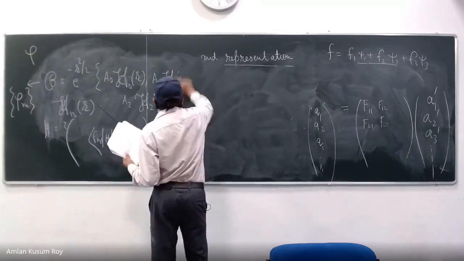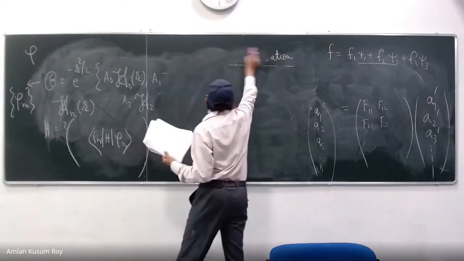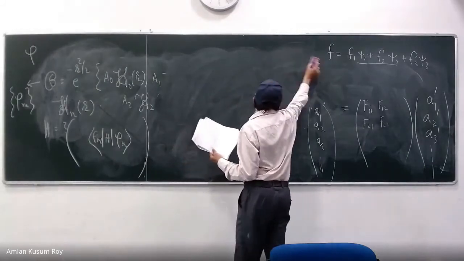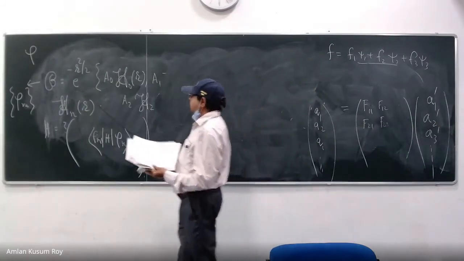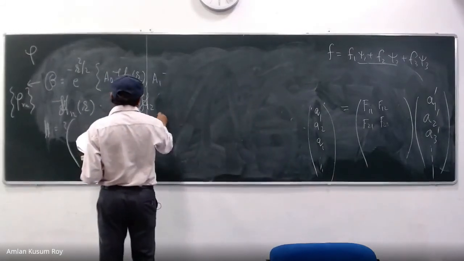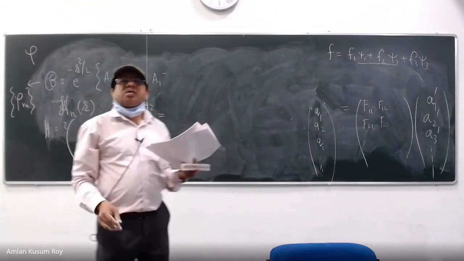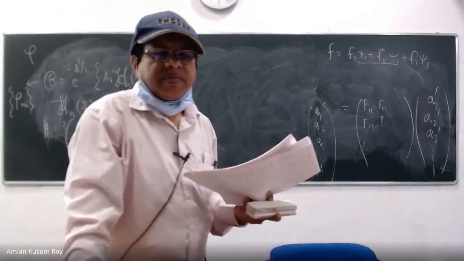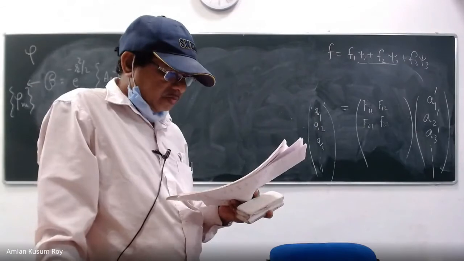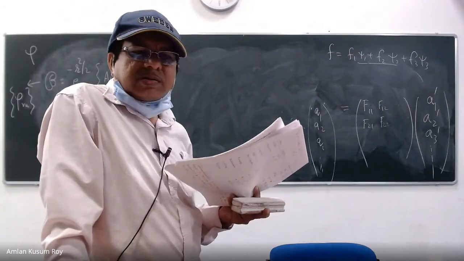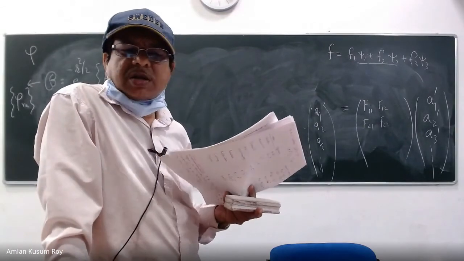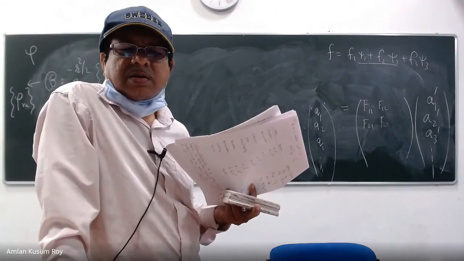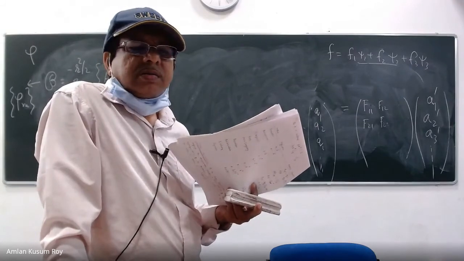What will happen to H psi 1, where psi 1 is the harmonic oscillator basis, the first state, you know? Adrija, can you tell? Sir, it will be half h omega.